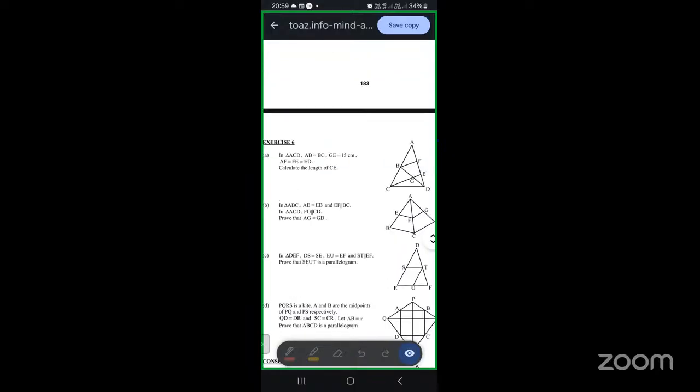Okay, I believe this might be a little bit challenging. Let me just work it through. So we know that the midpoint is like this. If we are given a triangle A, B, and C, such that this is E maybe and F.